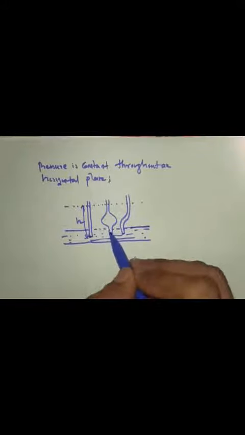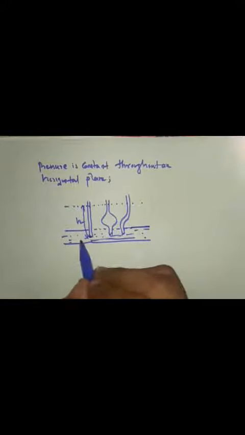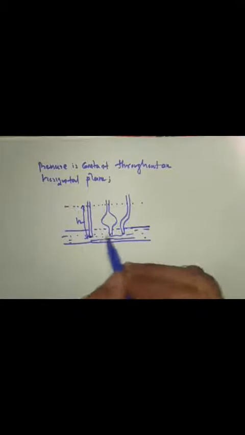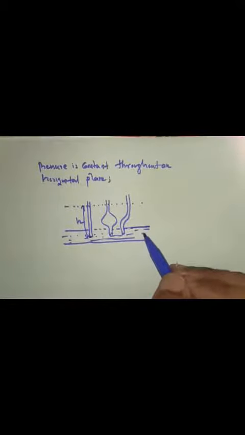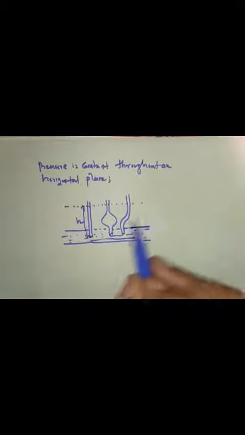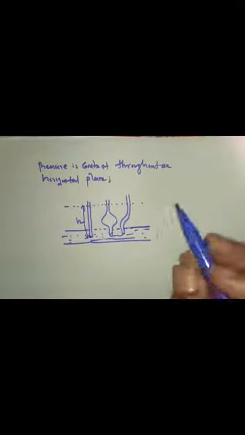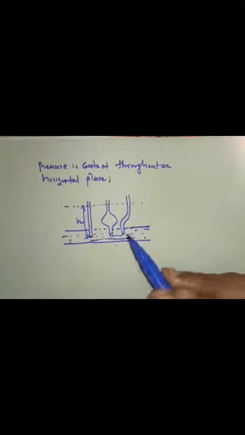So this is the point: the horizontal pressure is constant throughout the liquid in a static condition, and if it is flowing, then there will be other changes due to frictional loss, and we will discuss it in other tutorials.